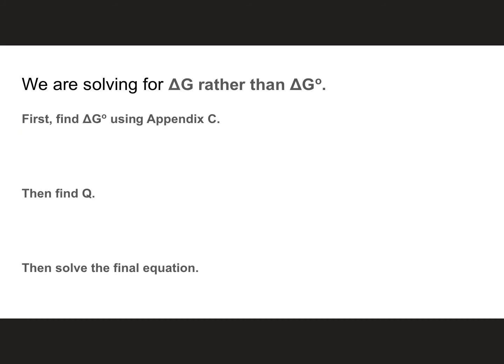So to start this, because I am going to solve the equation for delta G, and that requires delta G 0, the standard delta G, the first thing I'm going to do is calculate delta G 0 using Appendix C. That would be to say delta G 0 equals the sum of the delta G's of formation for the products, which in this case is the ammonia, minus the sum of the delta G formation for the reactants.